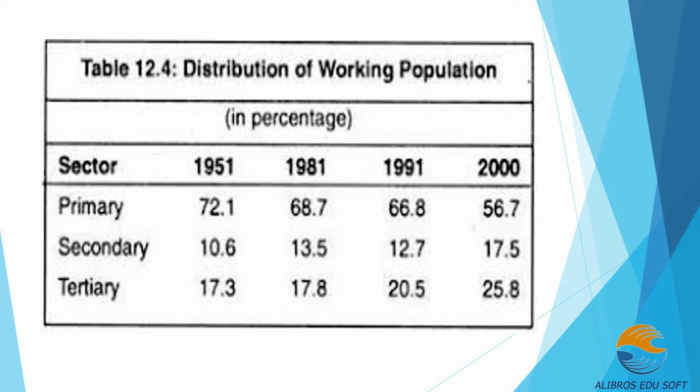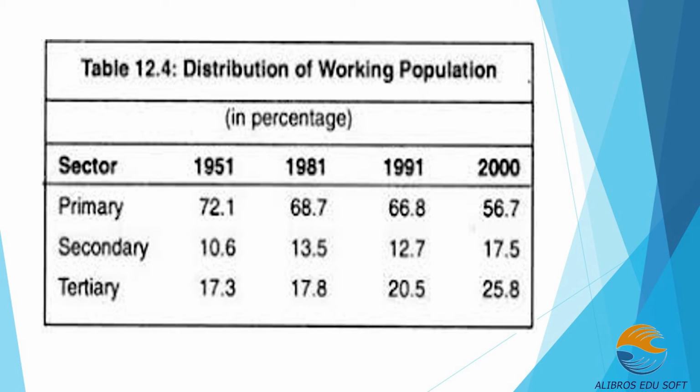Next, the tertiary sector. First it was 17.3%, and only some points were added within 30 years, which means a stable development, not a high development. It was 17.8 in 1981, in 1991 within a gap of 10 years it rose to 20.5%, and in 2000 it was 25.8%.